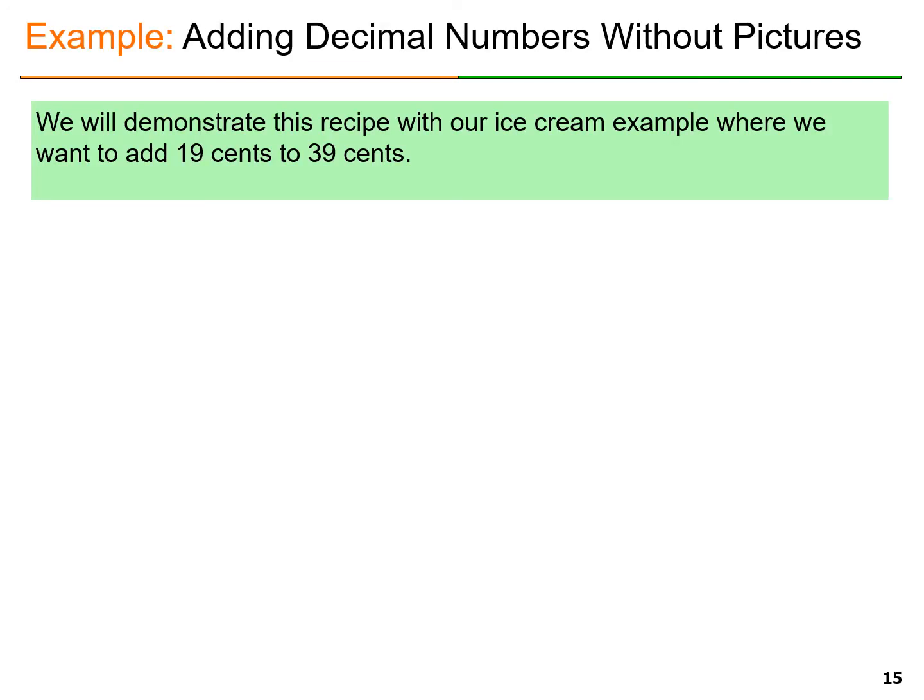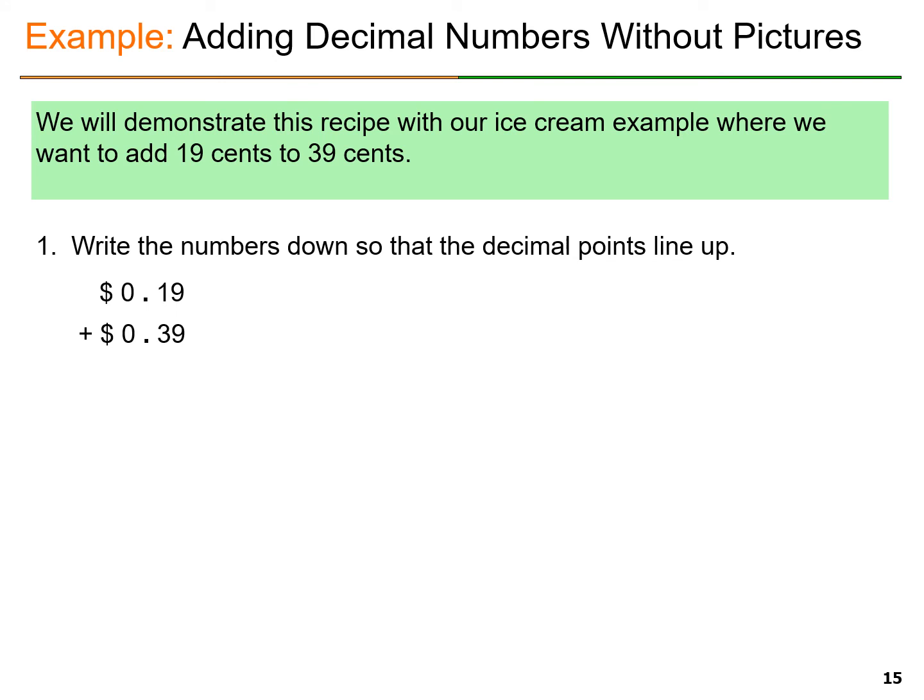Okay, adding decimal numbers without pictures. Let's go ahead and add the 19 cents and 39 cents from the ice cream example. Step 1, write the numbers down so that the decimal points line up. We see that the decimal points line up right here.